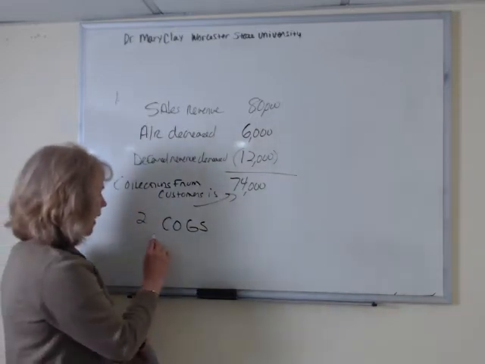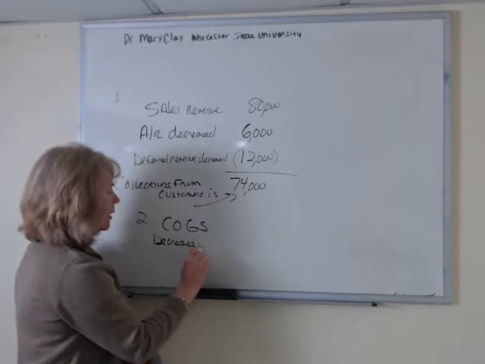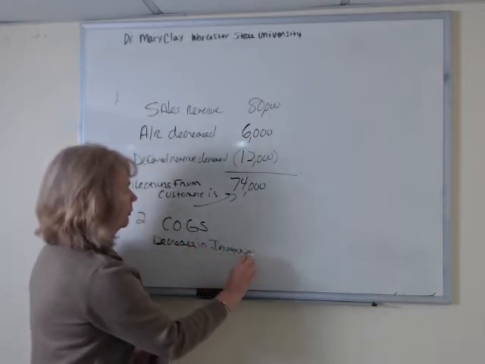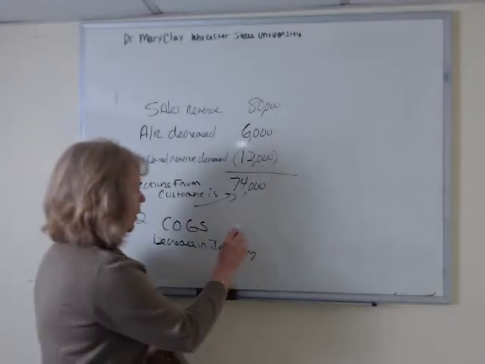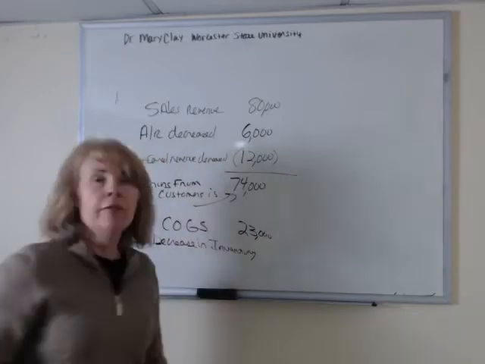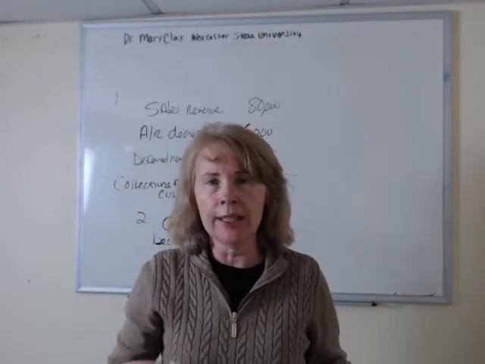Then it says decrease in inventory. COGS is 23,000. Inventory decreased. It's the exact opposite of the indirect method.